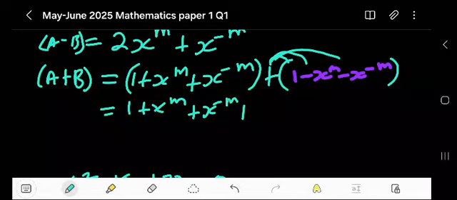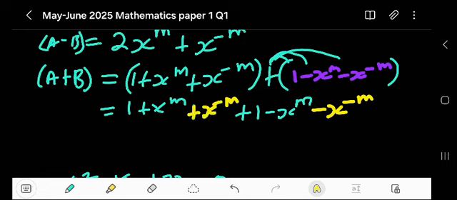Distribute that: it would be plus 1, minus x to the m, and minus again x to the minus m. So guys, check, this and this will cancel with that and that. You see what will happen again.